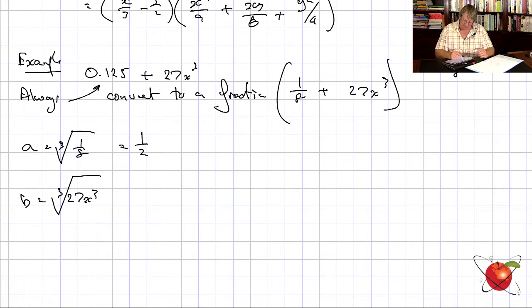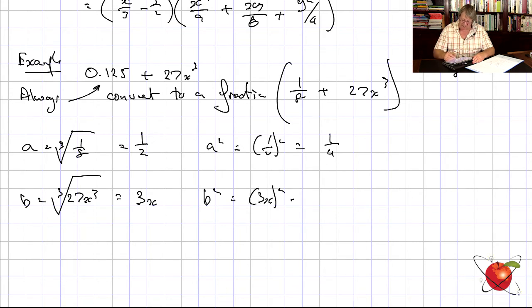Therefore, the next one is going to be 3x. Because 3 times 3 times 3, 3 times 3 is 9, times 3 is 27. Now I can work out a squared over here, which is going to be a half squared, which is going to be a quarter. B squared, 3x squared.